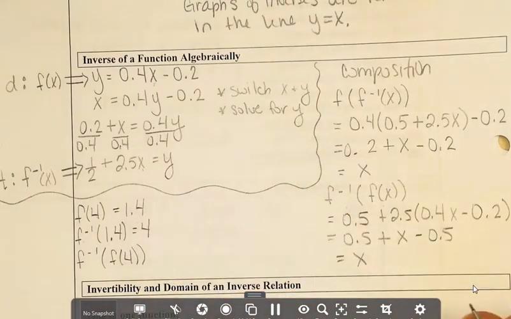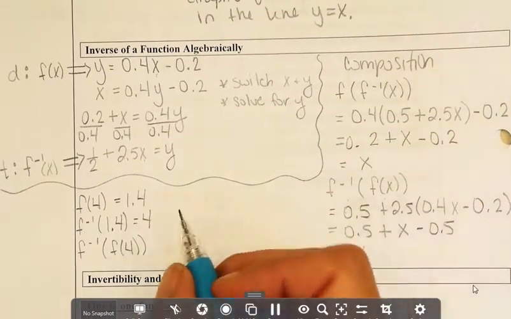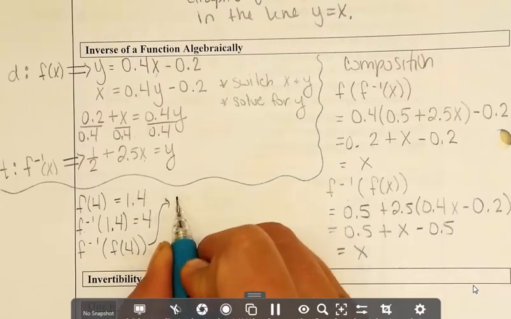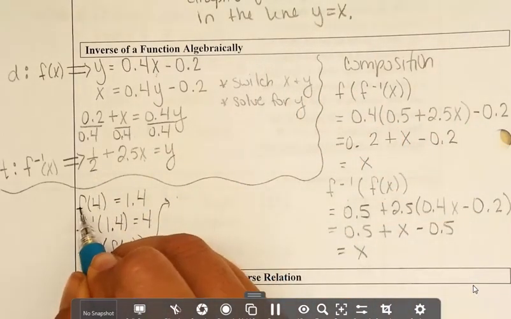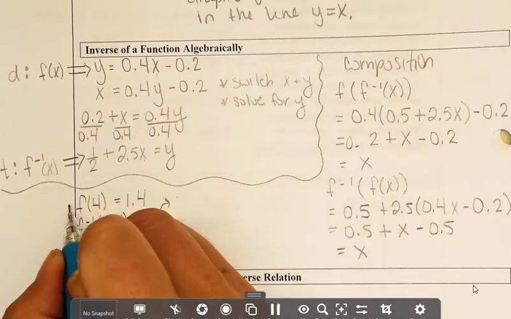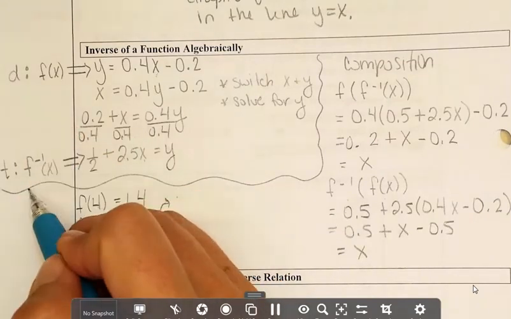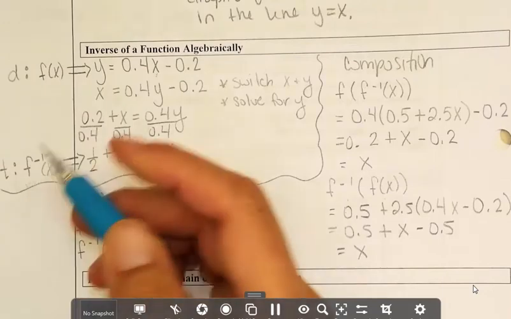And so what does this mean in real world terms? In this situation, the original function that we had was distance. The inverse was the time it takes to paint a certain amount of that stripe.